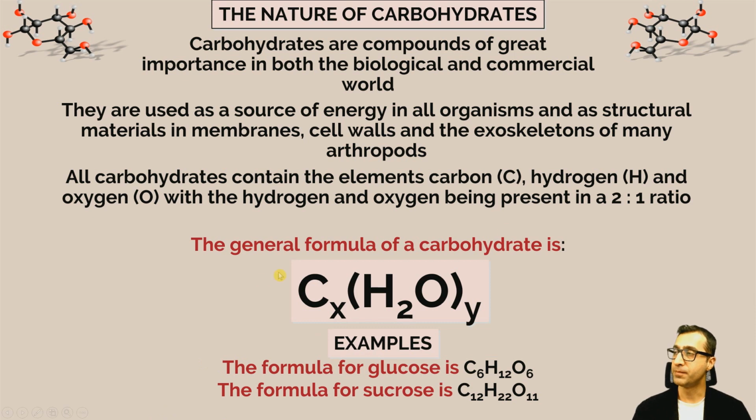But there's also disaccharides such as sucrose. Sucrose is the typical granulated table sugar that you find in everyone's kitchens, and that has the formula C12H22O11, and this also conforms to the general formula for carbohydrates.